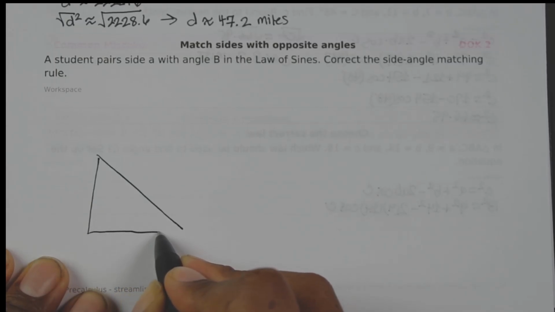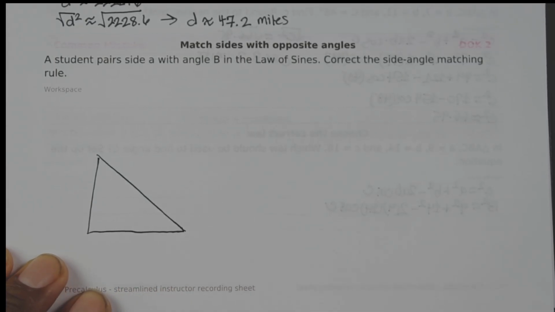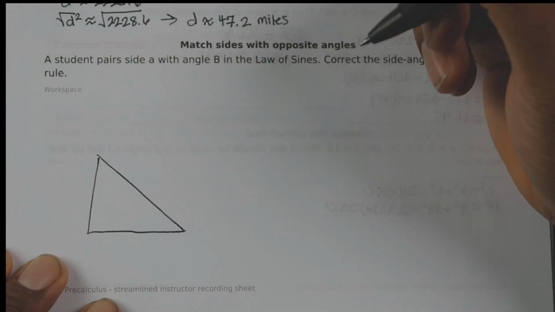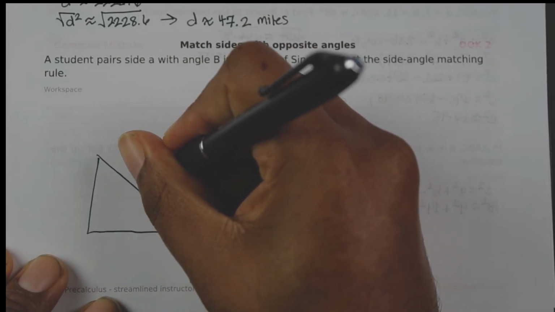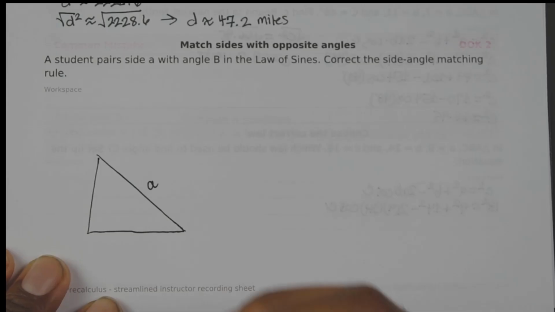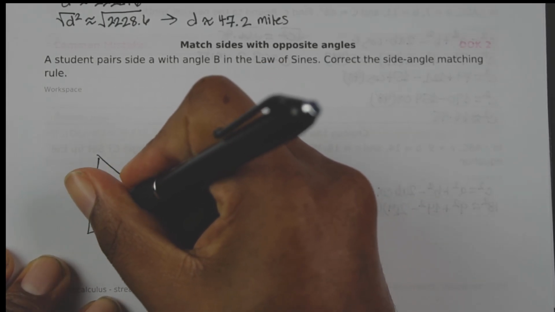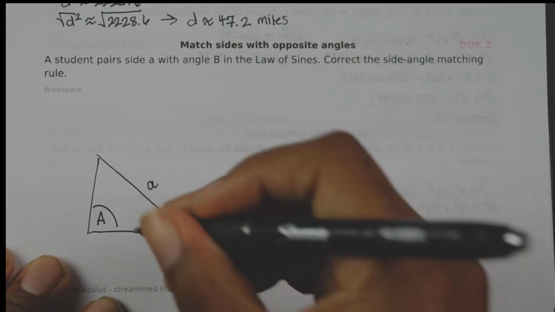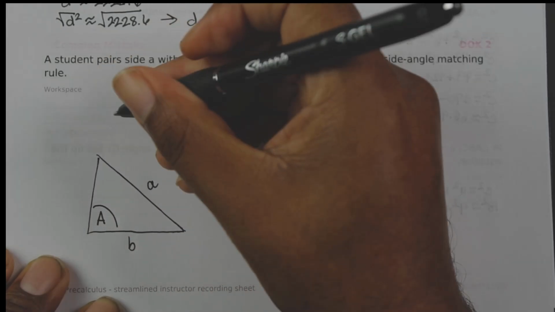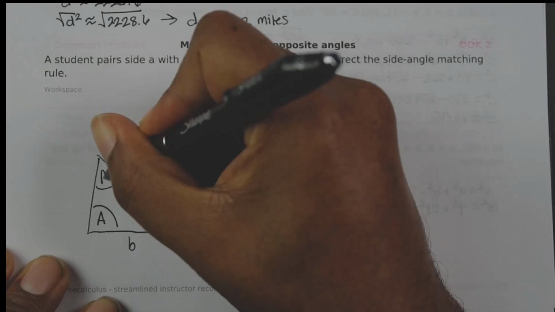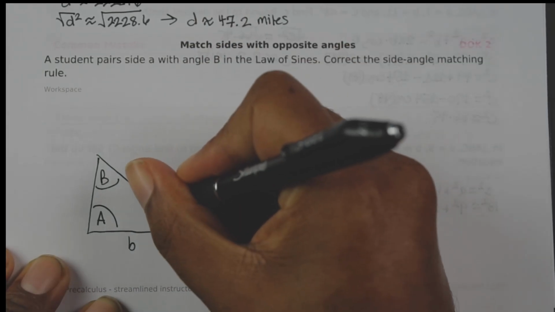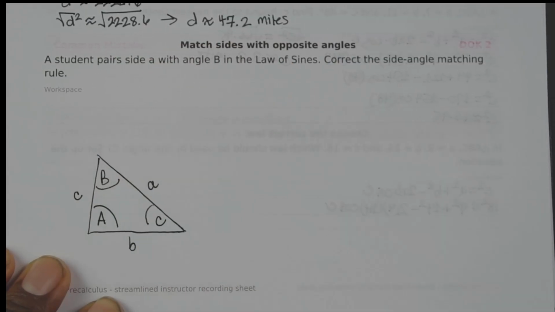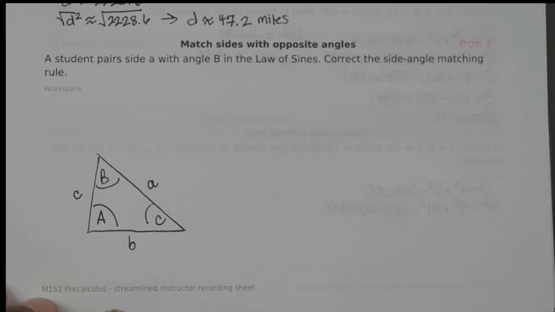Remember, the law of sines and law of cosines essentially deal with non-right triangles. So suppose this was A, right? Then the opposite angle of A would be that. Okay. And then say this is B. Well, B would be here. And then this being C, so therefore, that would be C. Okay.